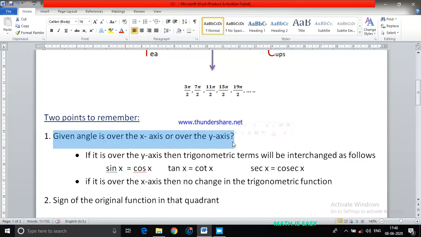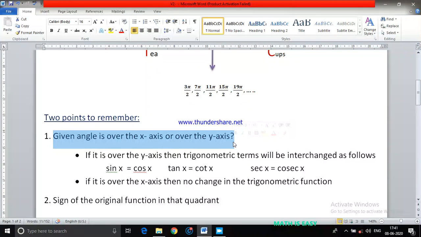If there is any interaction with the y-axis, the angle moving either forward or backward, negative y-axis or positive y-axis, the trigonometric function changes its value. In the same way, if it is crossing the positive x-axis or negative x-axis, or touching the x-axis and coming back, then the trigonometric functions won't change. The functions will remain as they are.